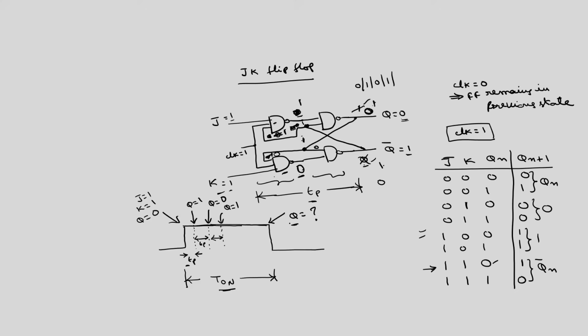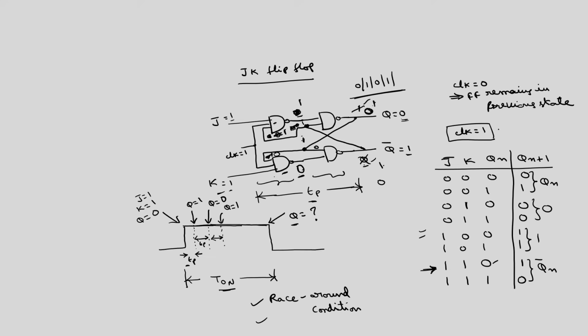This particular problem is called race around condition. So, the JK flip flop will allow the J equal to 1, K equal to 1 combination, but still there is a problem called race around condition. The output changes from 0 to 1, 0 to 1 every Tp seconds.